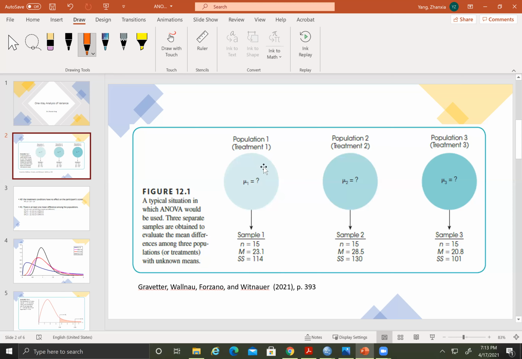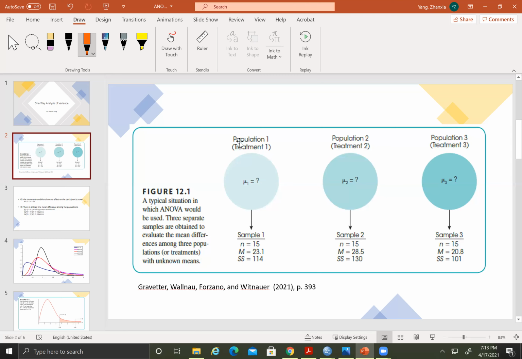So again, here is the idea of population and sample. In all of this hypothesis testing, we are testing the population. We are not testing the statistical significance for the sample, because whatever we have in the sample is a fact. So it's not probability.